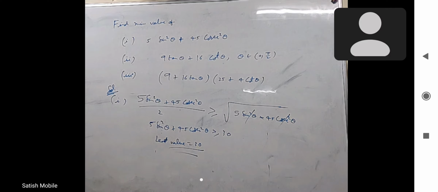Those who completed the second one should get 24. Now try the third one. We'll differentiate it and equate it to 0. We'll get some theta value. Substitute that theta back. If you call this y, we will find dy by d theta and equate it to 0. 24, second one, yes.